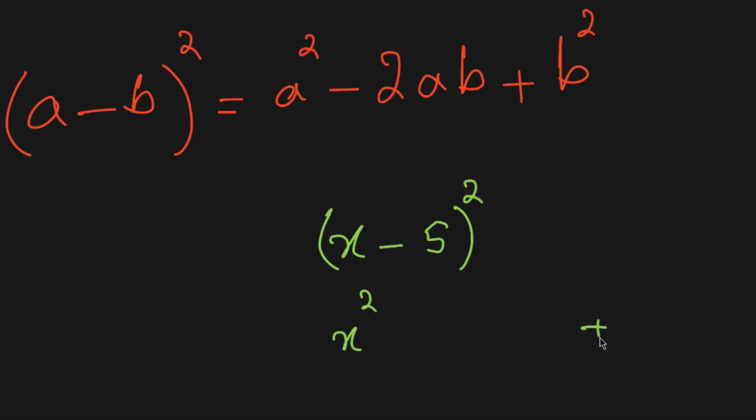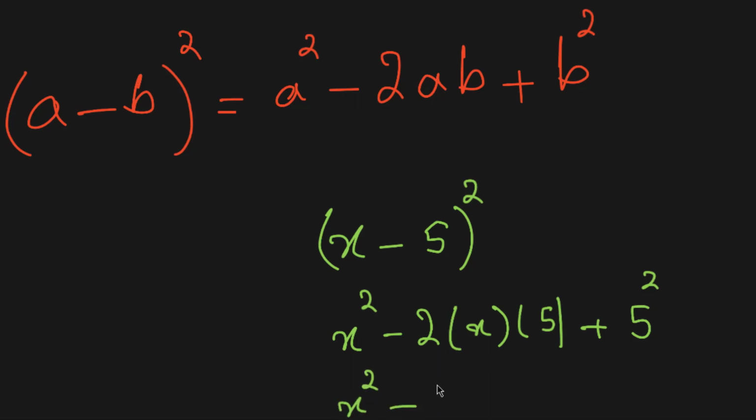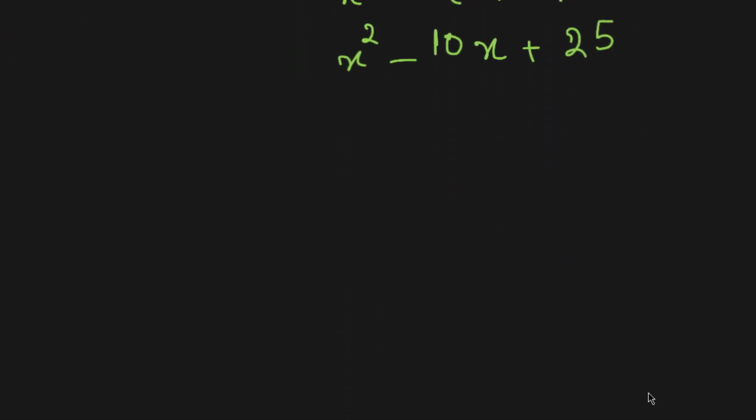So it will be first squared plus second squared, and then minus twice of first, which is x, into second, which is 5. Now let's just simplify it a bit. So it will be x squared minus 2 times 5 is 10, 10x, and then plus 5 squared is 25. That's your answer, and that's how you expand the bracket. That's how you find square of a binomial using the second identity.